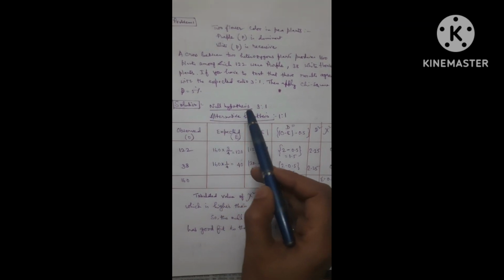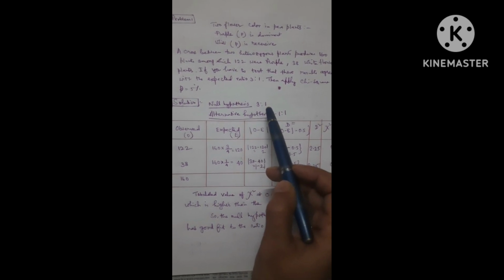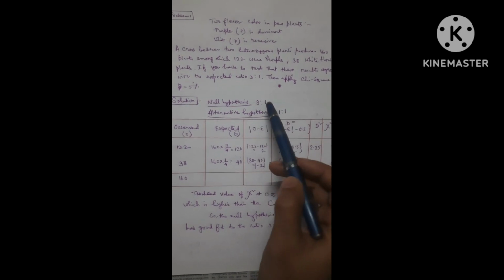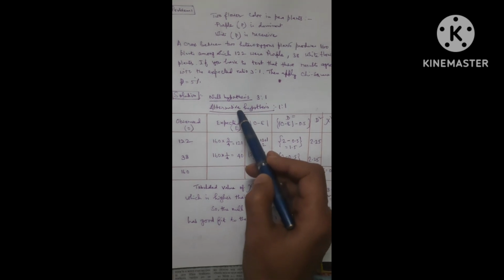Null hypothesis: simply, you can write that these results may fit the 3:1 ratio. The alternative is that it will not follow the 3:1 ratio, it may follow a 1:1 ratio. That is your alternative hypothesis.